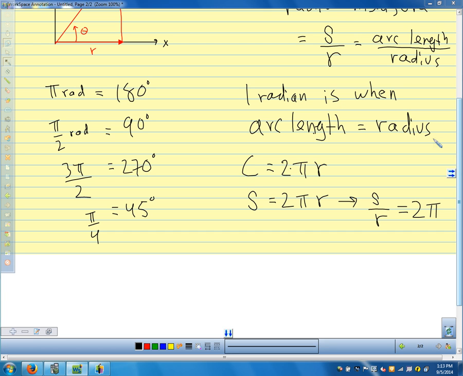How many degrees? 60 degrees. And in radians? 2 pi, 1/6 of 2 pi is pi over 3 radians. And we'll get very familiar with these over the course of the semester.